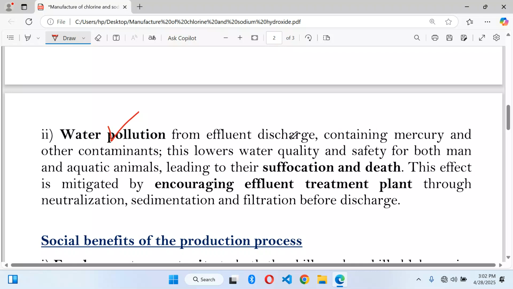Effluent discharge is the water which can come out when we are cleaning, or when we are finished producing, or during the process of production of sodium hydroxide.